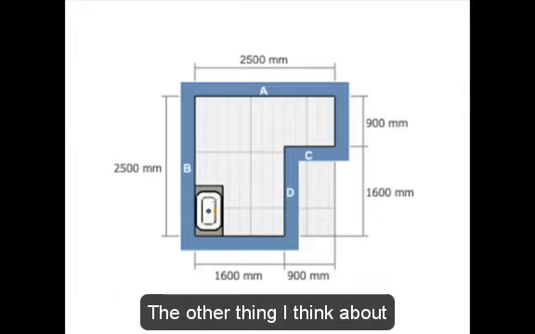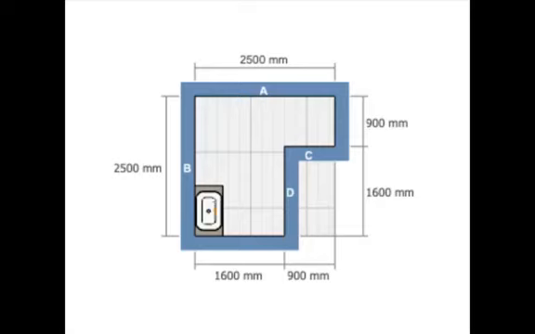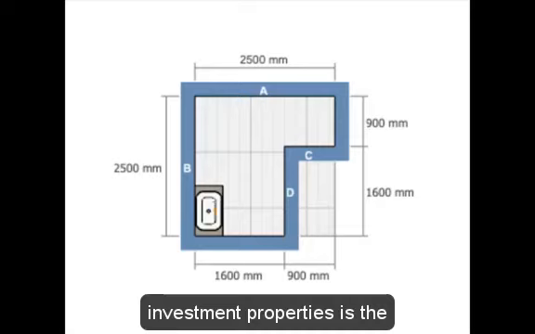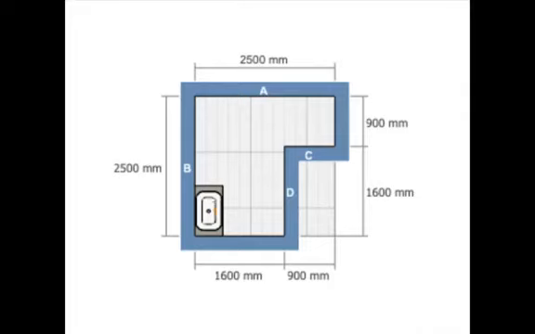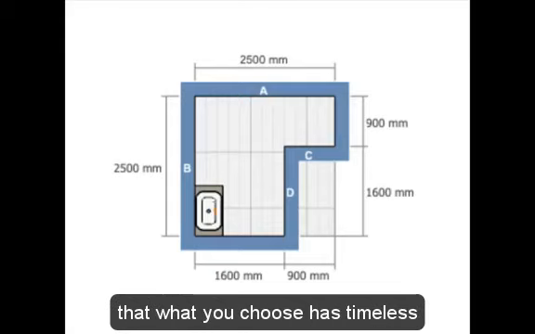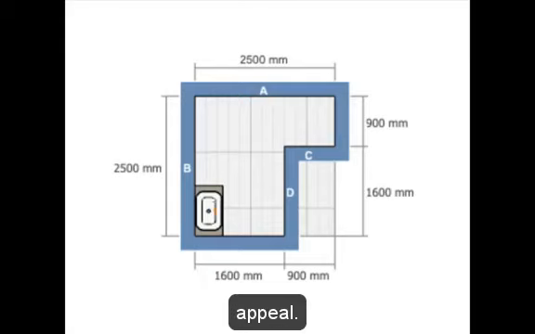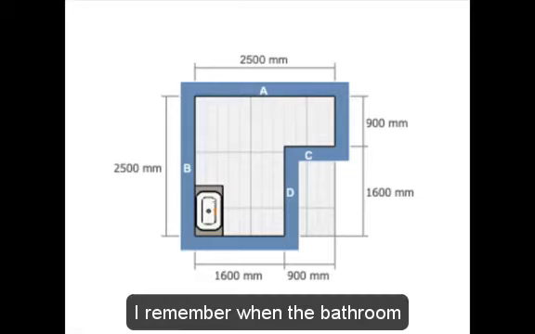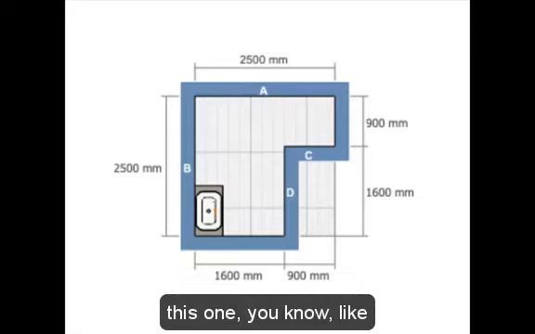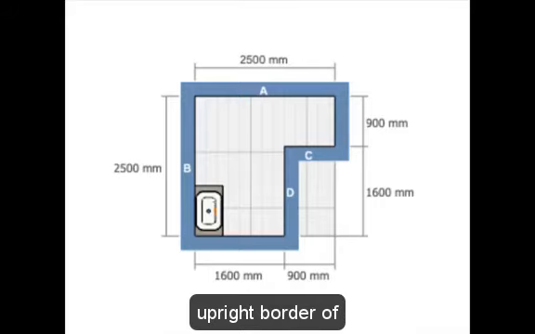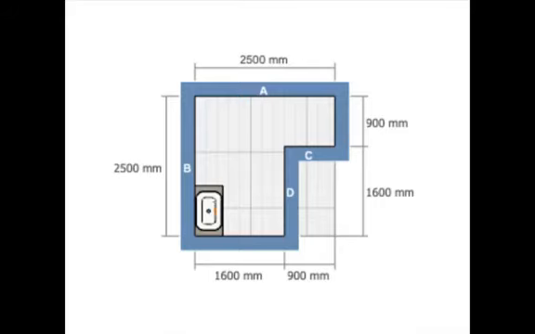The other thing I think about investment properties is the next time you look at this bathroom, it will probably be 10 years away. And so you want to make sure that what you choose has timeless appeal. You remember when bathroom renovations always used to have this one upright border of feature tiles.